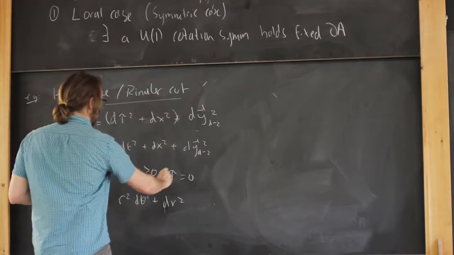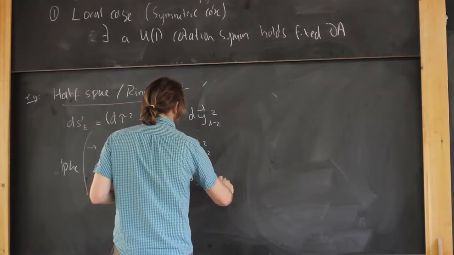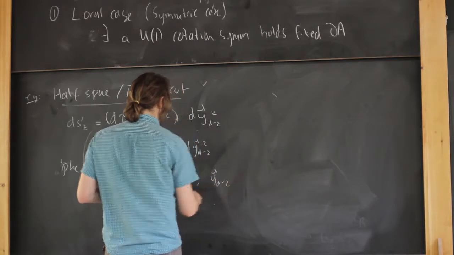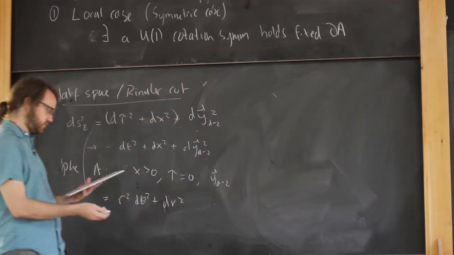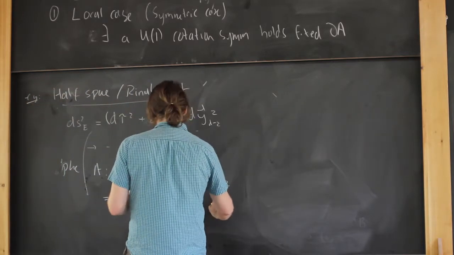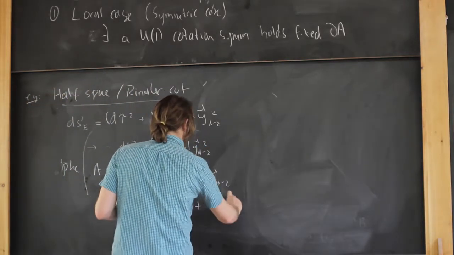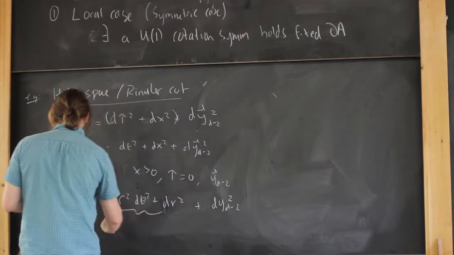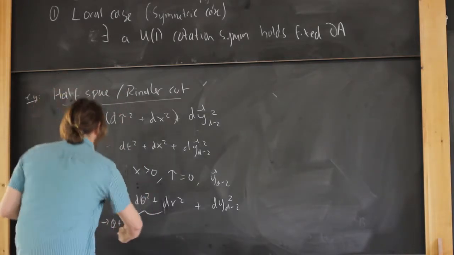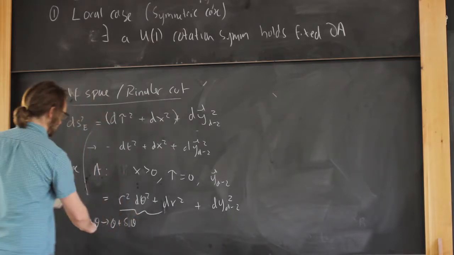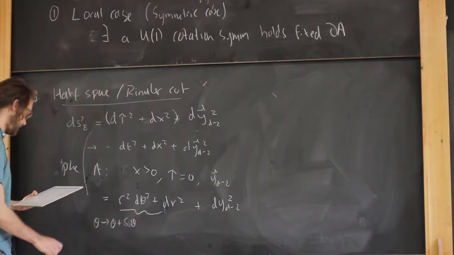So the x direction is important here, and the other d minus 2 directions are just along the entangling surface, and they'll factor out, and I often won't draw them. Okay, so right, and then we just have rotation symmetry, which is just rotating by delta theta.